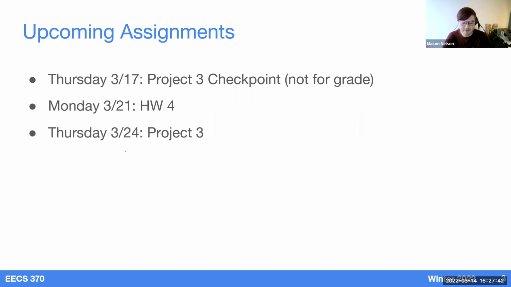So we're asking you to submit that so that you can get some feedback on whether or not you have the basics down, so that you can fix those before moving on to the trickier implementations for the rest of the project. And today in this discussion, I'll talk more about what exactly that checkpoint is testing for, so that you can get that all working before moving on to the rest of project 3.